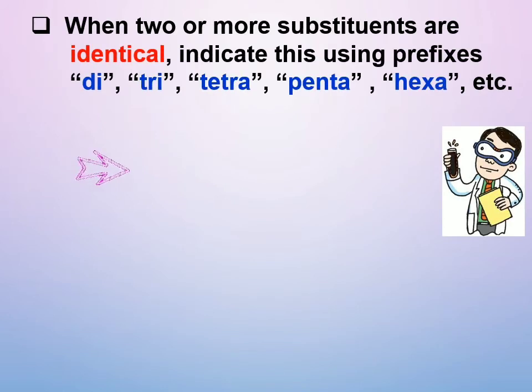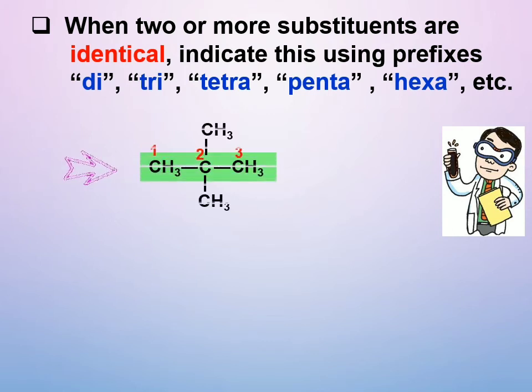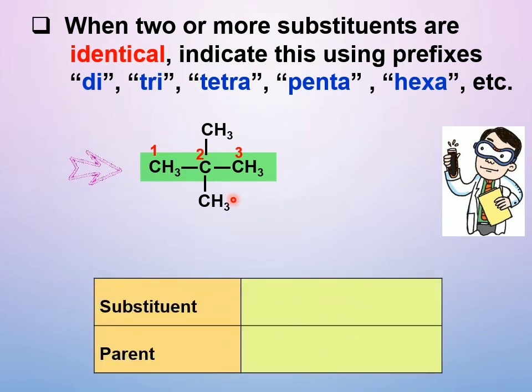When two or more substituents are identical, we can indicate this using prefixes such as di, tri, tetra, penta, and hexa. These tell us that the substituent is repeated. For example, you have two methyl substituents at the second carbon, so it becomes 2,2-dimethyl.